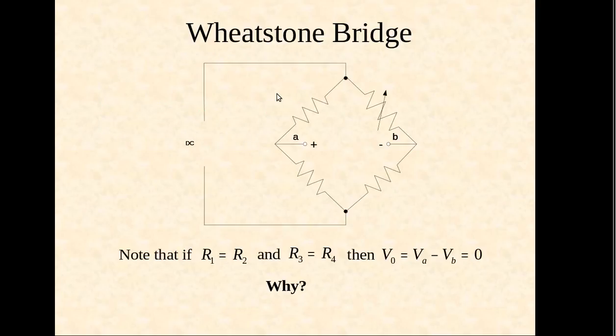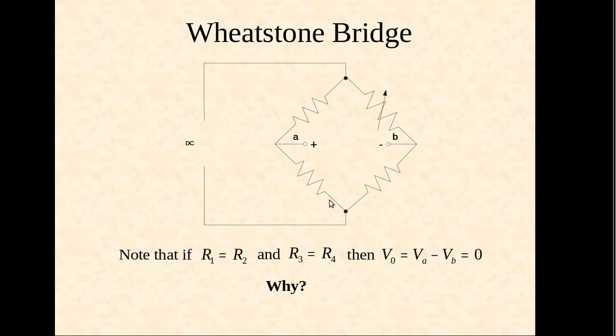As you can see here, it is the basic circuit diagram of a Wheatstone Bridge. There are four resistors. One resistor is variable, and R4 is the unknown resistance.